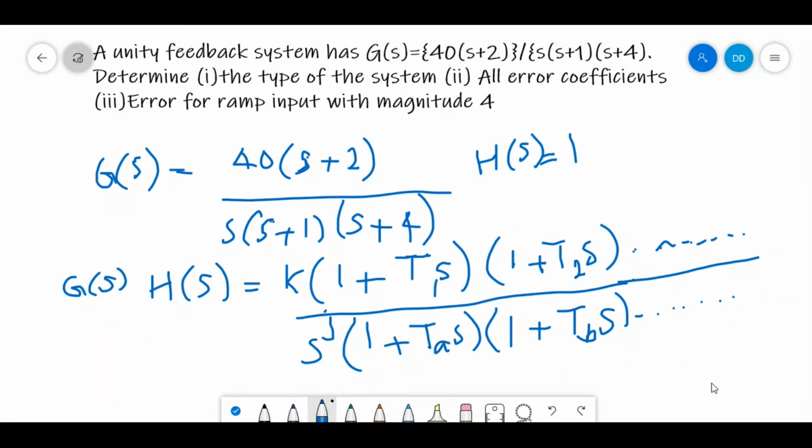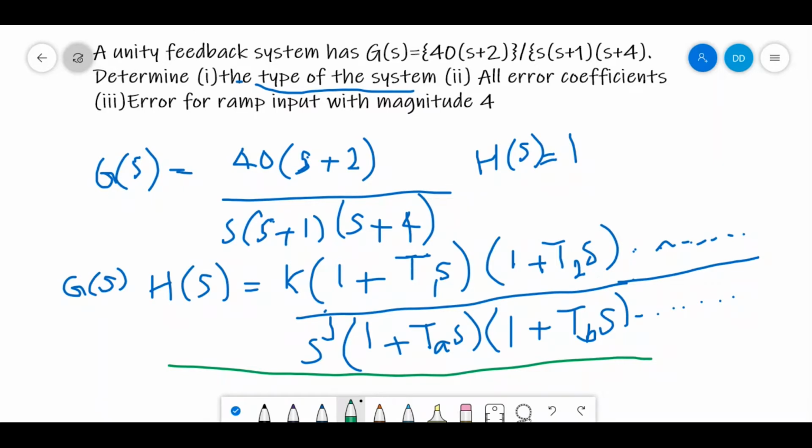So we'll first find the type of the system. To find the type of the system, we need to write the open loop transfer function G of S into H of S in this particular standard form. Here K is the gain of the system, the numerator represents the zeros of the transfer function and the denominator represents the poles.